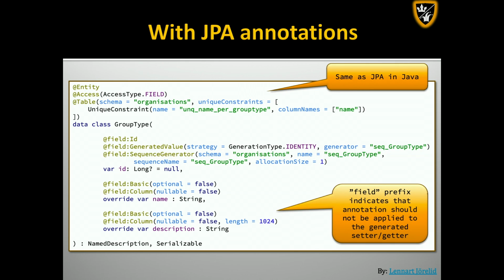The default is that you put it on the getter, because that's actually the most common place you put these in Java. But if you want to, note I've got the access type field. So if I have that, just as if I would have written this in Java, I want to tell the Kotlin compiler, please put this annotation on the field that is generated by this long, rather than the getter or the setter. So it's the same annotation, only with a prefix that tells the Kotlin compiler where to actually apply it in the bytecode.